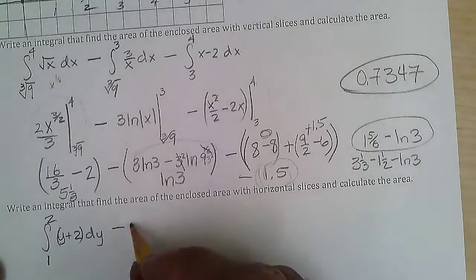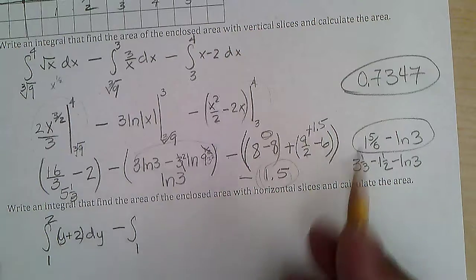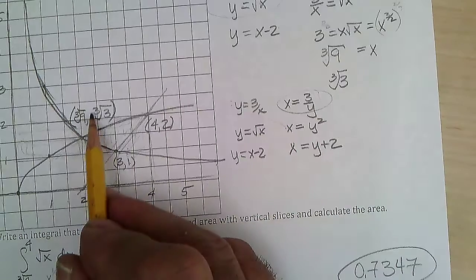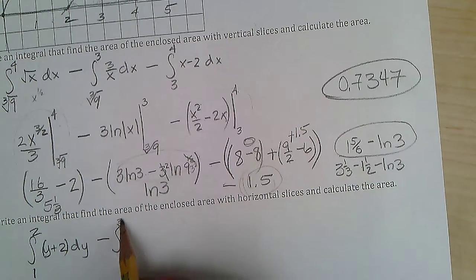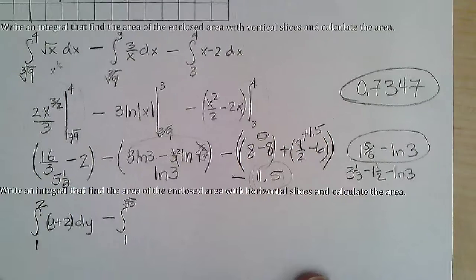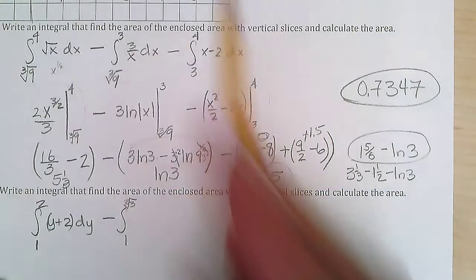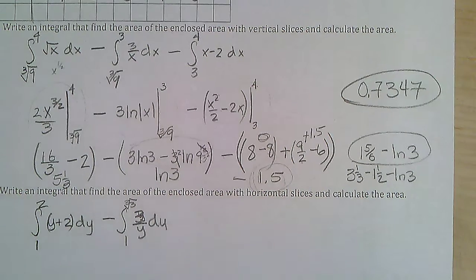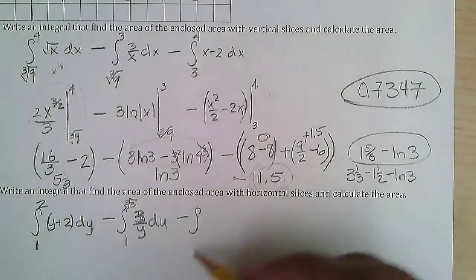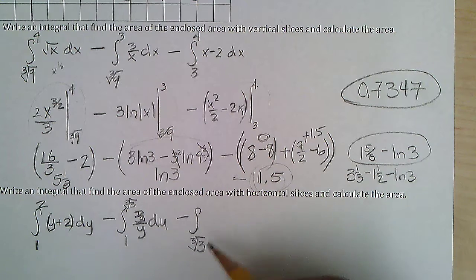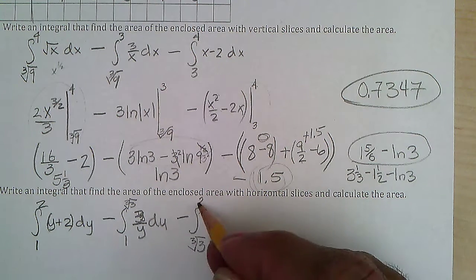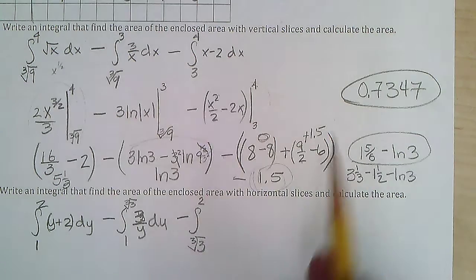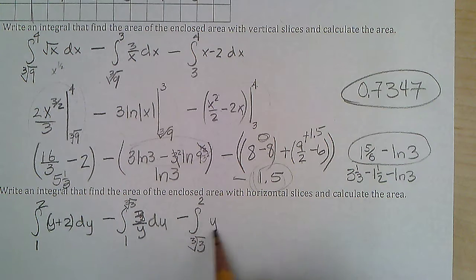So that's going to be the integral from 1 to this point was 3, the cube root of 3 of that first curve is the 3 over y minus, and the area under the next one will be from the cube root of 3 to 2 under the square root one, which is going to be y squared.